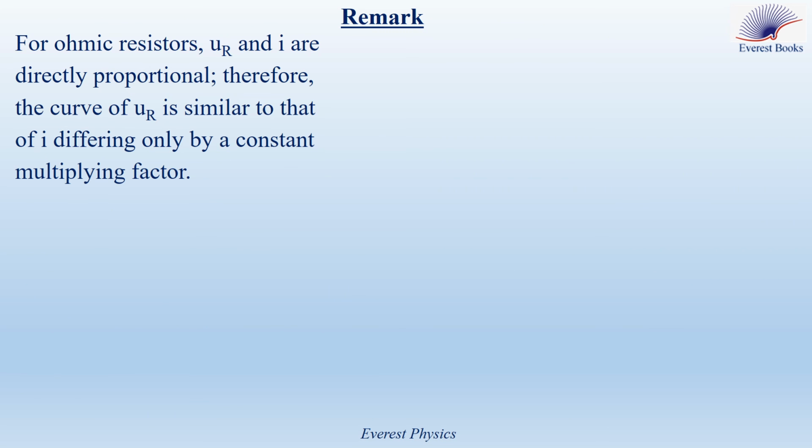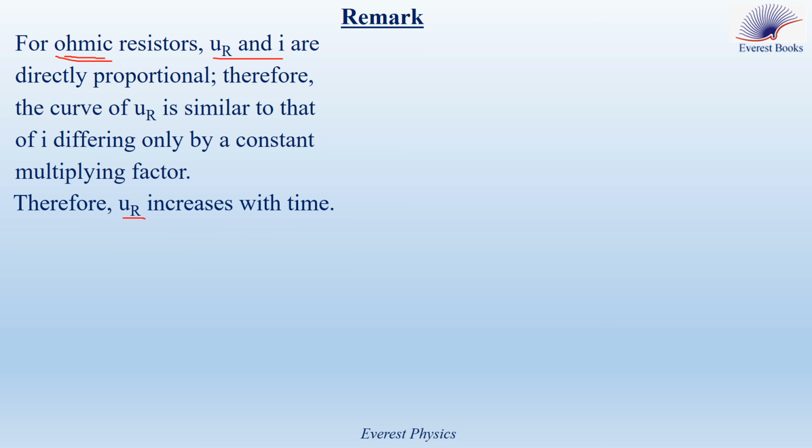Now we want to draw the curve that represents the voltage across the coil UL as a function of time. First, for an ohmic resistor or ideal resistor, UR is equal to RI, which means that UR and I are directly proportional. Therefore, the curve of UR is similar to that of I, differing only by a constant multiplying factor, which means that if the current increases in the growth process, then UR also increases with time.